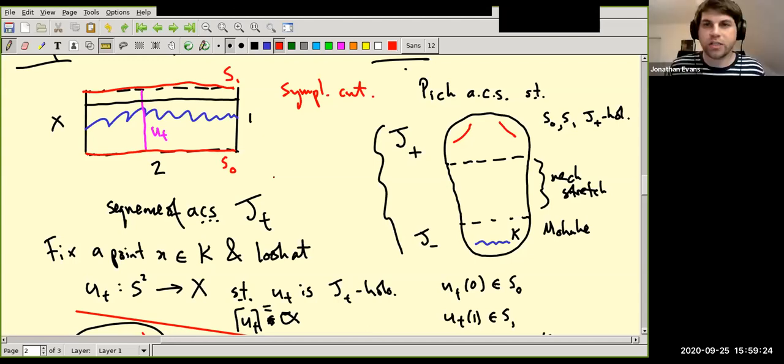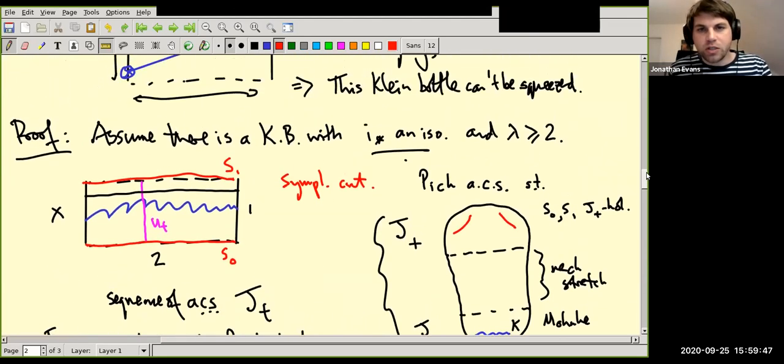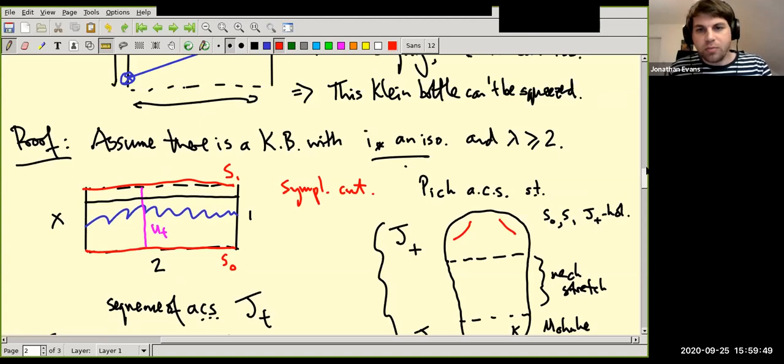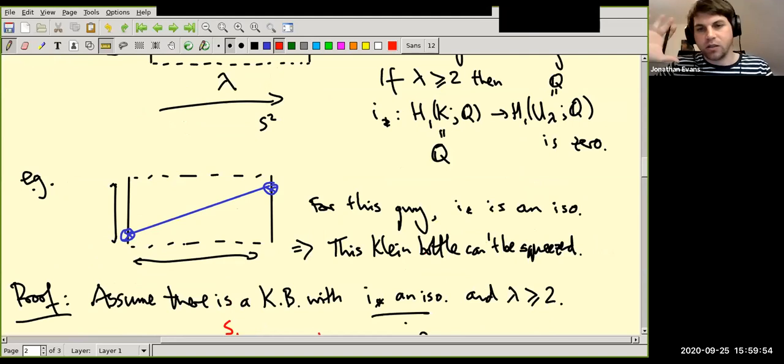So yeah, it's a fantastic question. I honestly don't know. All I would say is that I'm really interested in Lagrangians that are not guaranteed to have any nice Floer theory, right? So there's no Floer theory in this argument. This Klein bottle doesn't have to be monotone, doesn't have to be unobstructed or anything for this to work.